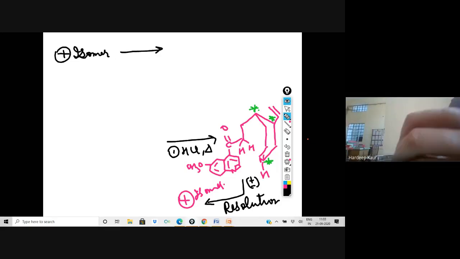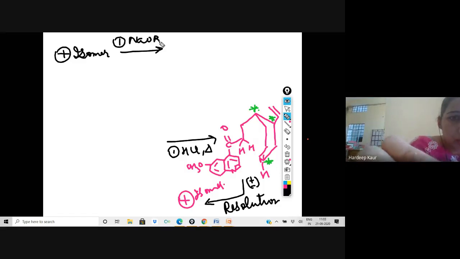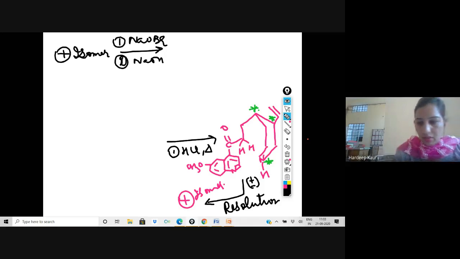And we will now add first NaOBr and then sodium hydroxide to this. So this will result in linking of this position with this one. Means cyclization takes place and now we will be having this product.